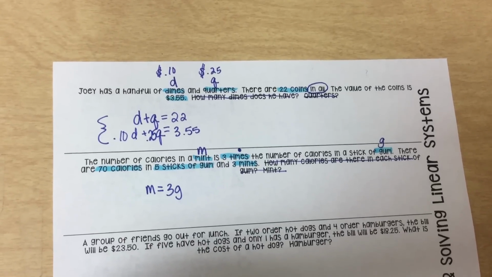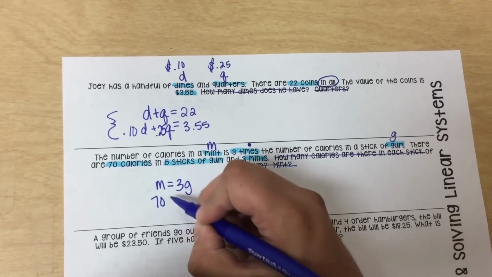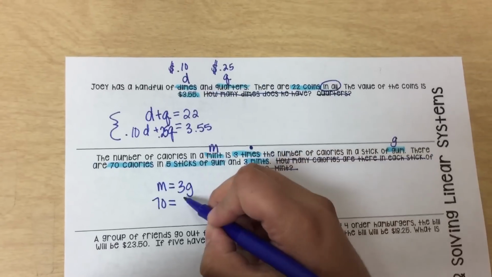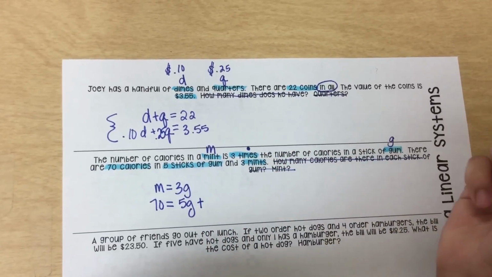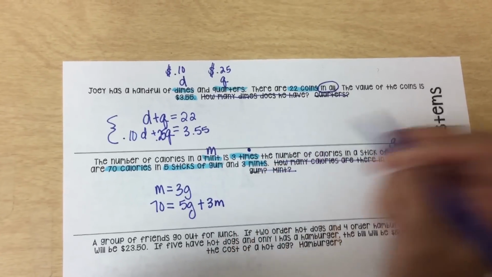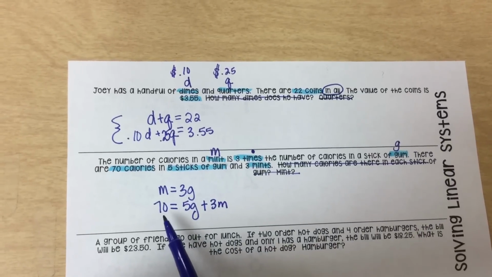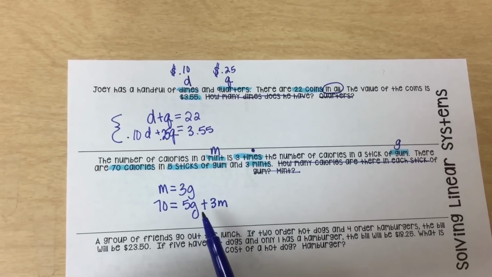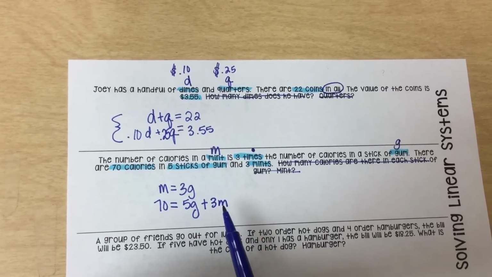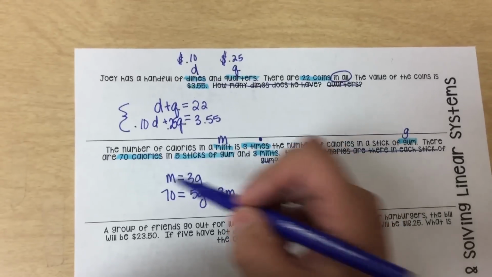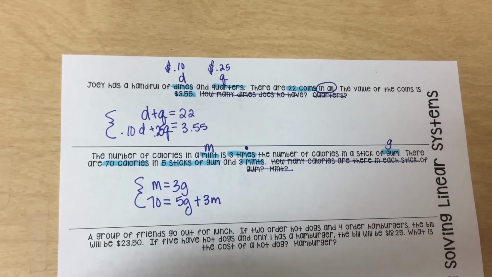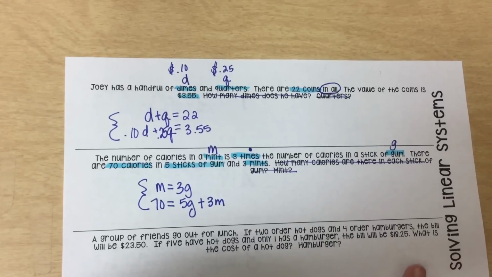There are 70 calories in 5 sticks of gum and 3 mints. So there's your total calories, and it's however many calories in the gum times 5 sticks of gum plus however many calories are in the mints times 3 mints. There's your system of equations for that one.